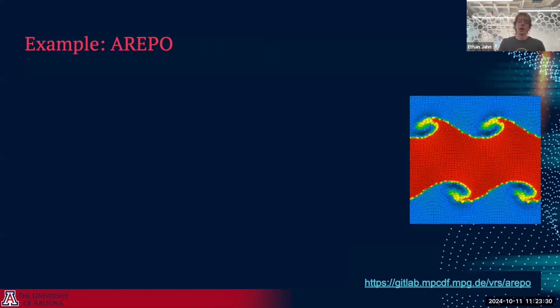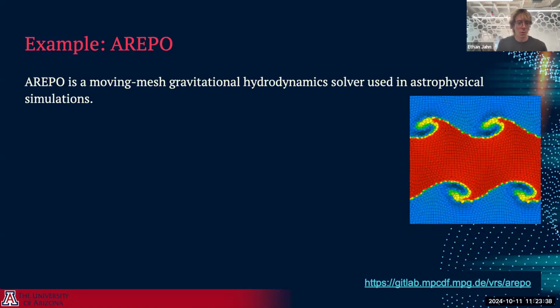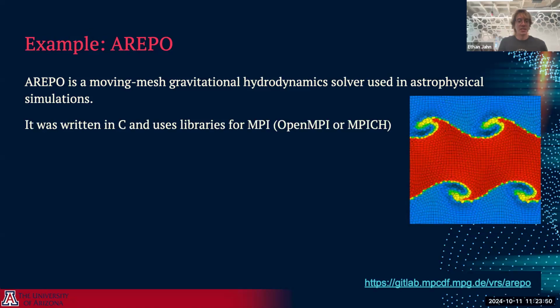So here's an example of a code called Arepo. This is one that I used extensively in my own research. Arepo is a moving mesh gravitational hydrodynamics solver used in astrophysical simulations. So here that's an example of some kind of fluid flow being represented in Arepo. It was written in C and uses libraries for MPI.